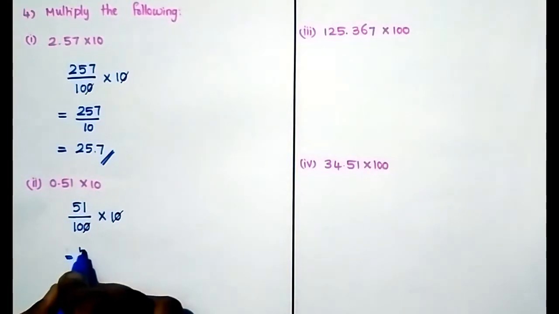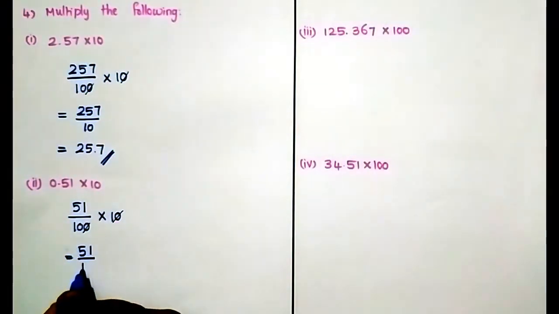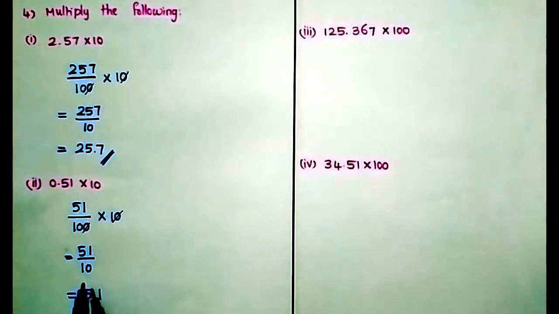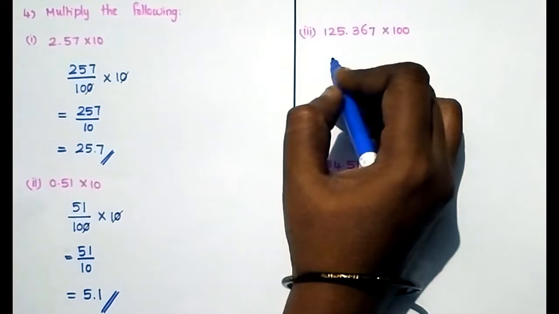Next step, 51 by 10. Now write down the number, and 1 zero is there in the denominator, so before one digit we have to keep the point, means we get 5.1. That is the answer.